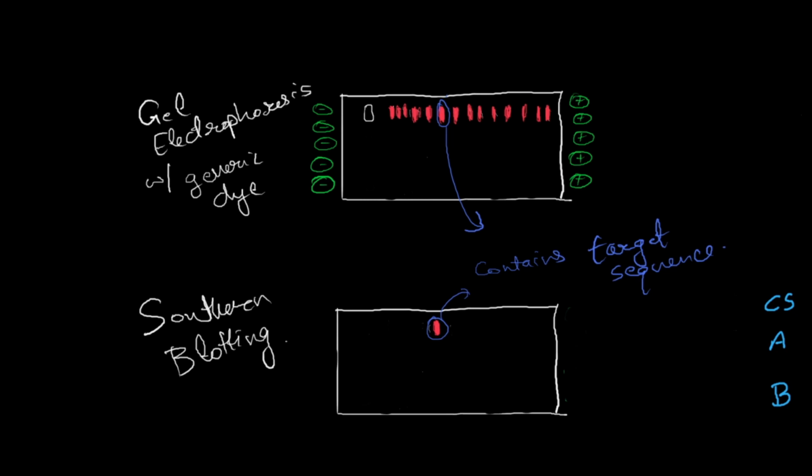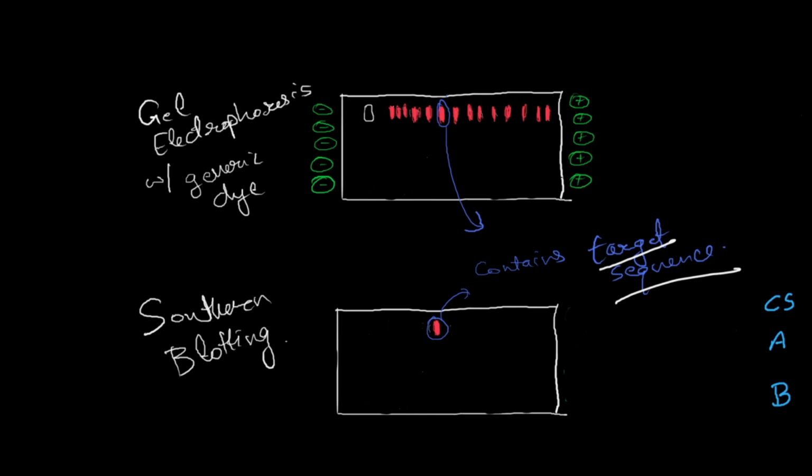Whereas in the case of Southern blotting, assuming that you do a similar gel electrophoresis step before this, you can only very specifically visualize the fragment which contains the target sequence.